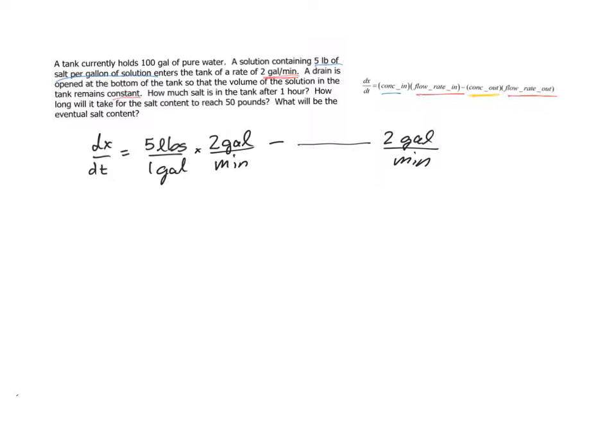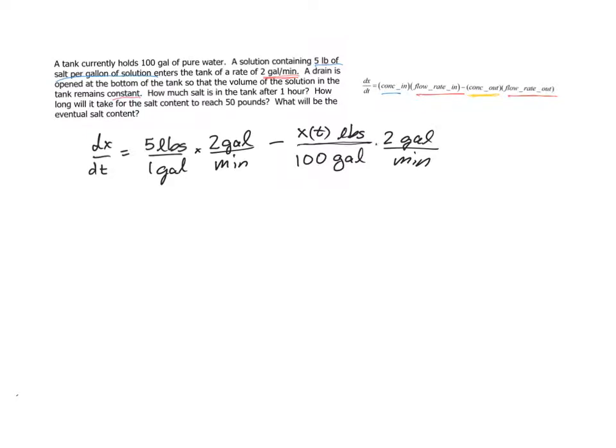Now to fill in the concentration, we're going to have it changing over time. So we usually use x of t to represent the number of pounds of salt at any given time in our tank. And then the volume of our tank is going to be 100 gallons.